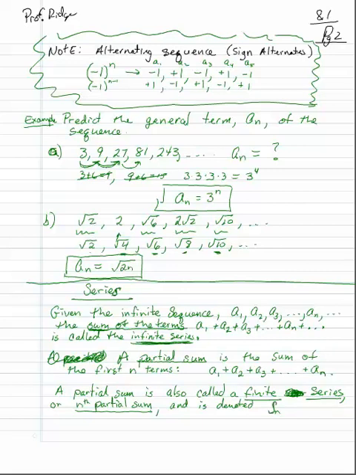So we're going to use a capital S for series. Generally for sequences, we'll use a sub 1 as the first term. Now if I'm going to add up the first 5 terms, I'm going to do S sub 5. That's going to be the partial sum of the first 5 terms. Okay, so again, that's notation.